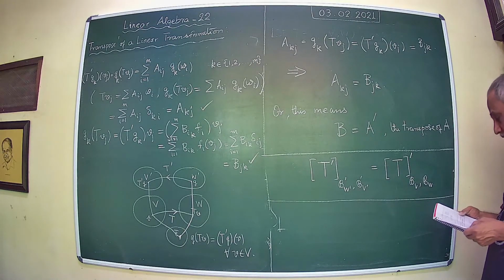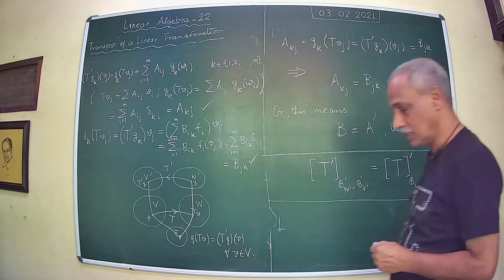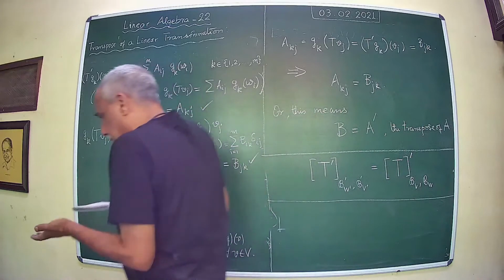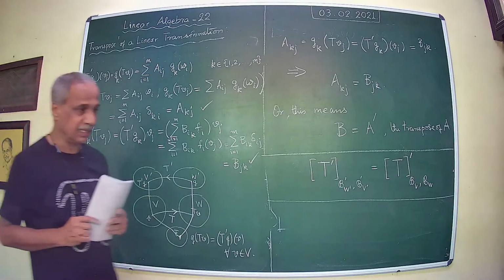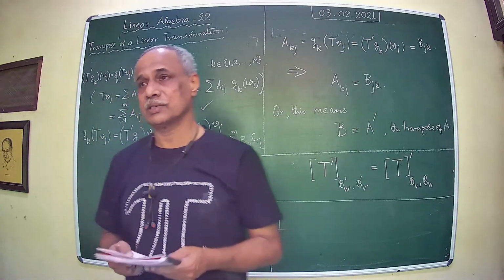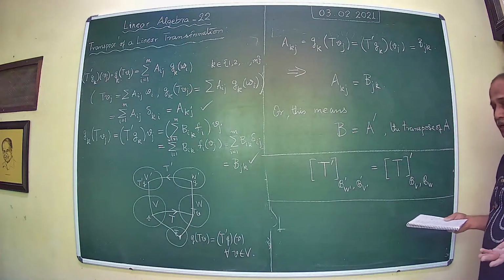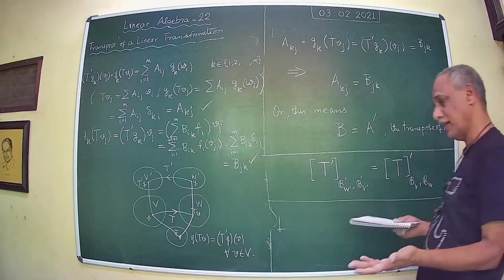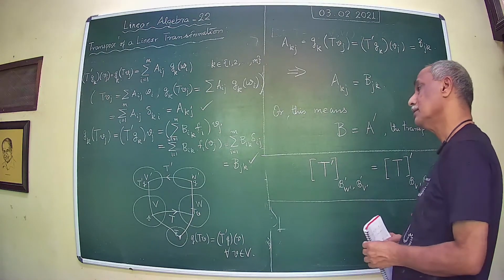And that connects the dual operator with the original operator when we are trying to seek the representations in terms of a certain ordered basis chosen for the domain and range.